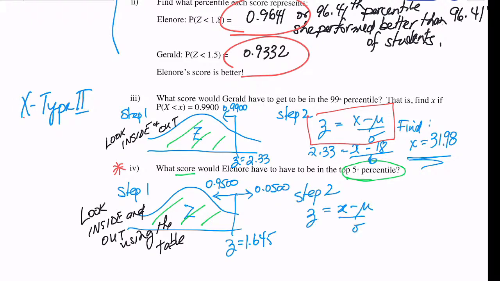Insert what I know. And for Elenore, her test was a mean of 500 and a standard deviation of 100. So we find x as the answer.